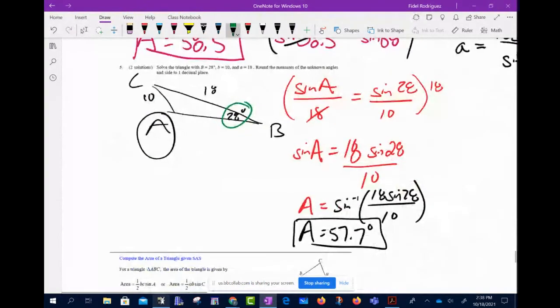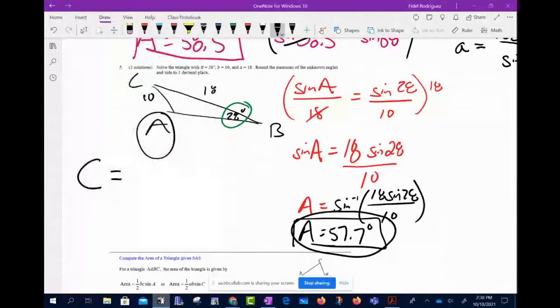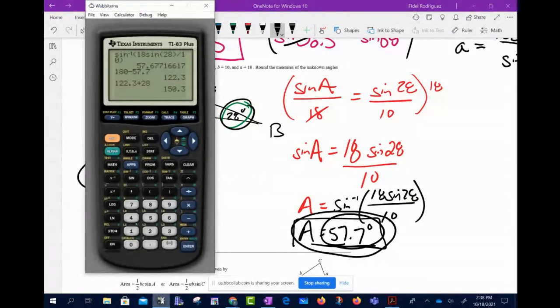First thing we're going to say is, if we already came up with angle A being 57.7, then let's find angle C. So the way I would find angle C is I'm going to take this 57.7, add 28 to it, and subtract it from 180.